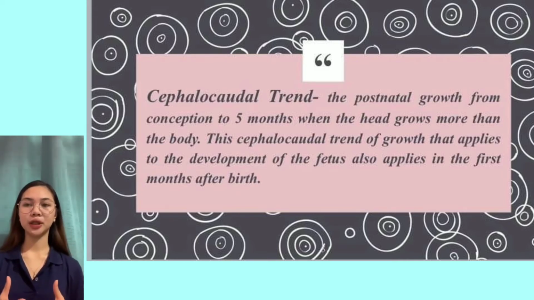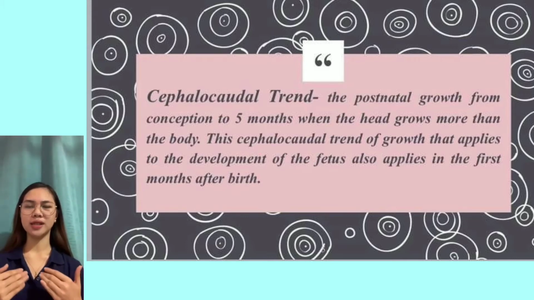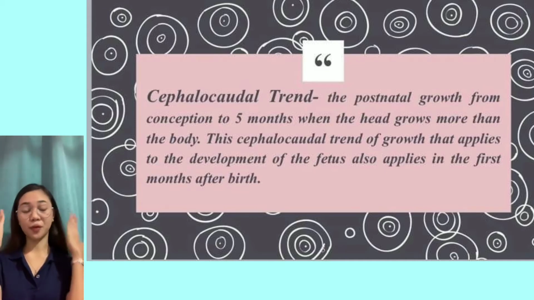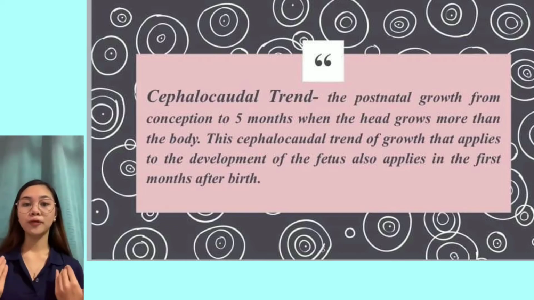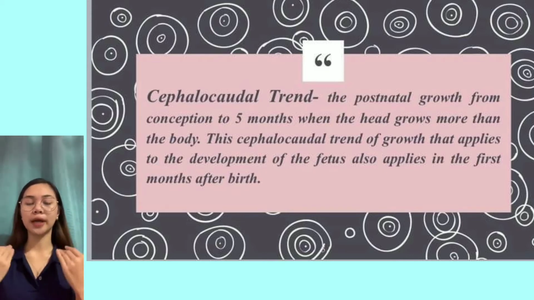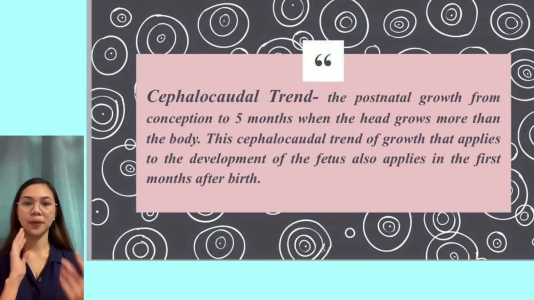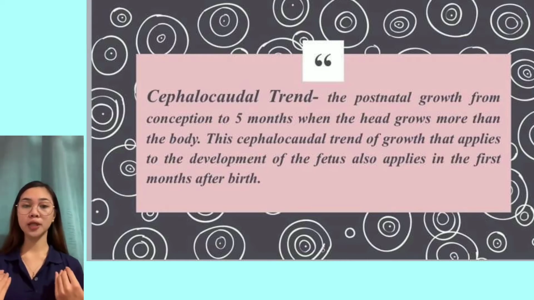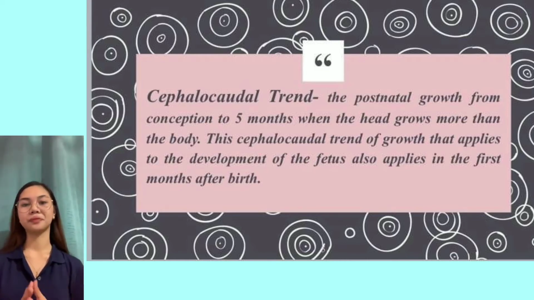The same pattern occurs in the head area, because the top parts of the head, like the eyes and the brain, grow faster than the lower parts, for example the jaw.